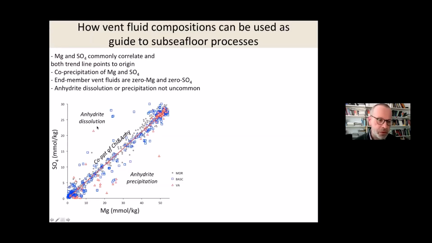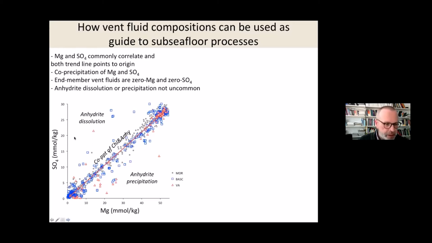And then what you do next is you look at calcium and strontium and hope to see the same excess, which you usually do. And then there's another subset of fluids that shows an excess of magnesium or a lack of sulfate, and this can point to anhydrite precipitation.